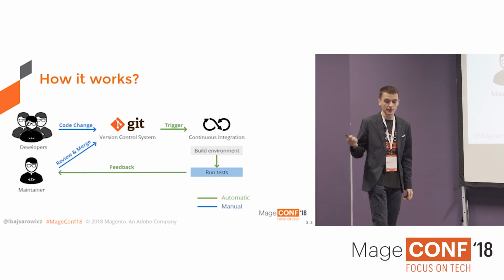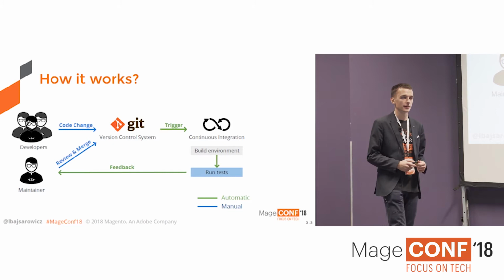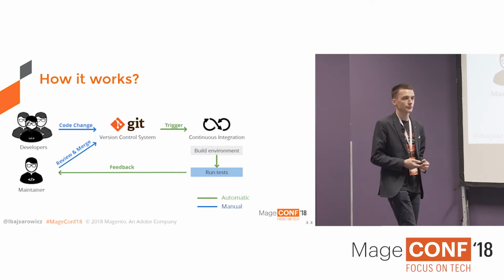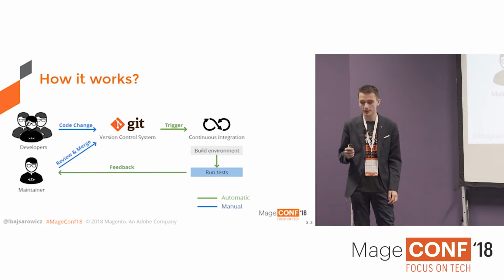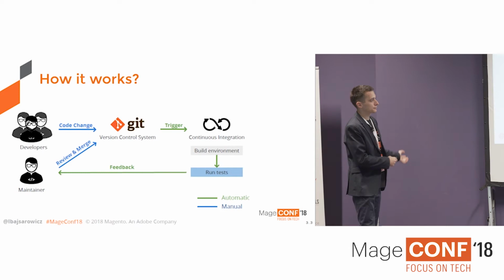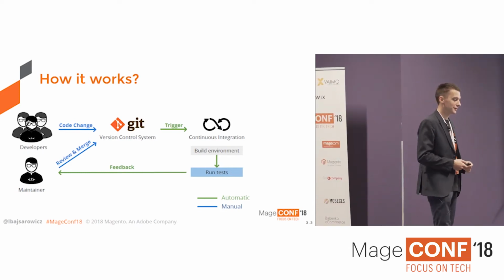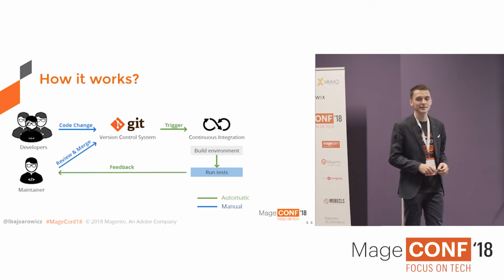And yeah, that's the last step: review and merge. If functionally it's working, and it's about time to merge it, the maintainer just merges it. And yeah, that's all for the theory, and I hope it was not rocket science yet.